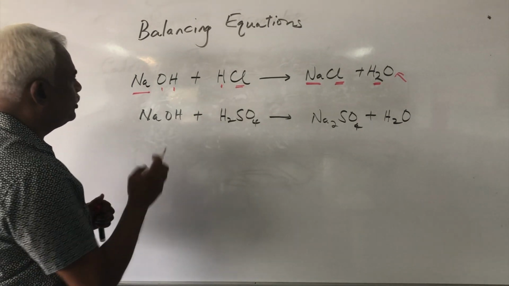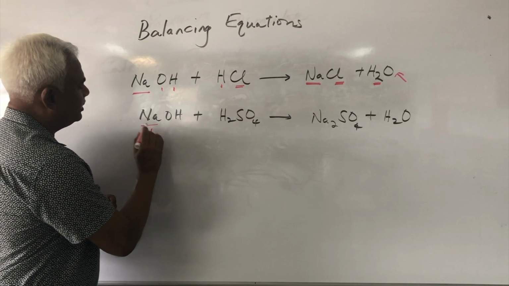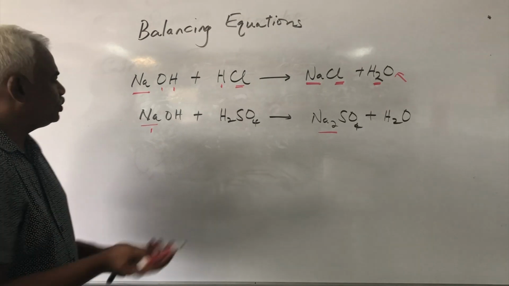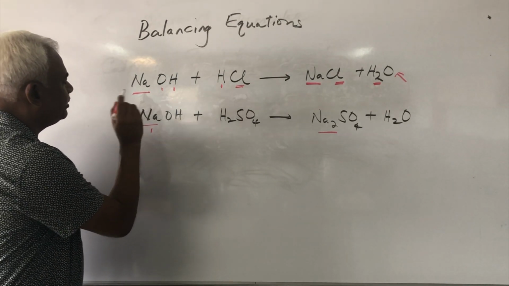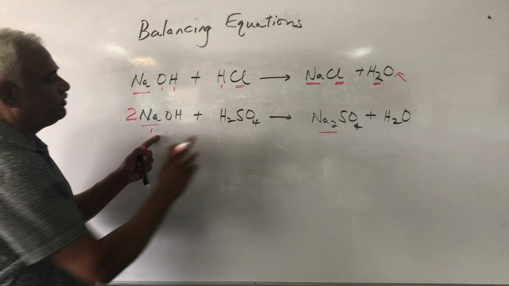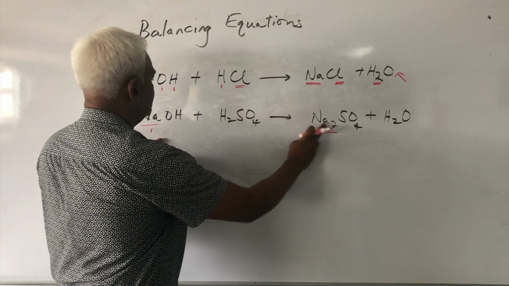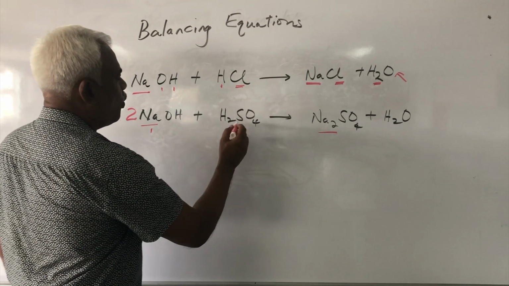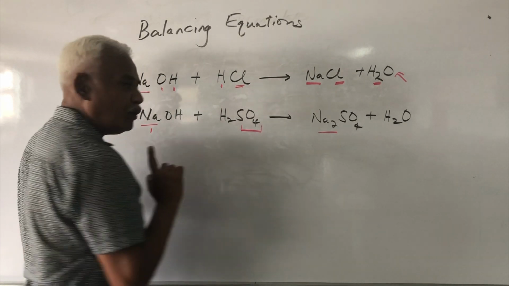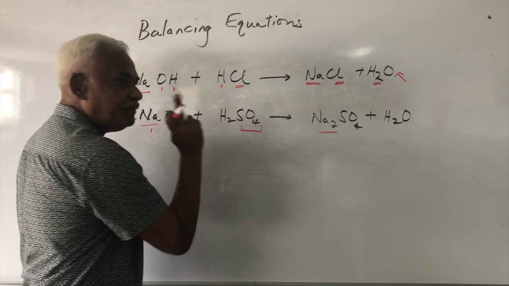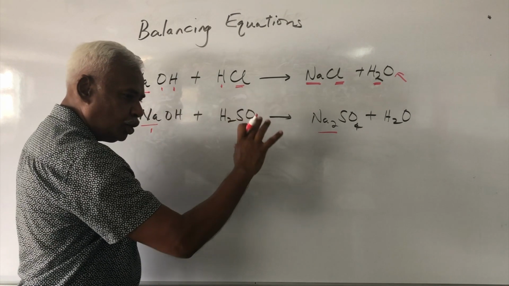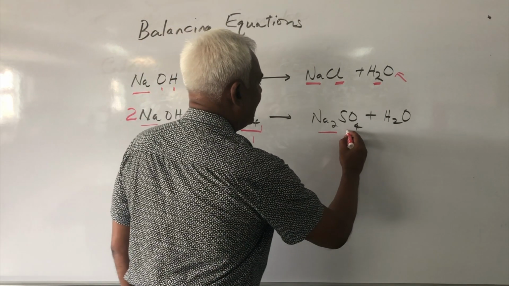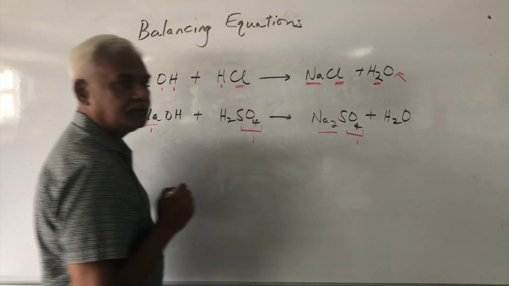I have 1 sodium here, but I have 2 sodiums here. Alright, so let's try. Let's put a 2 here. 2 times 1 will give me 2, which will be equivalent to this. Alright? Now, I have 1 sulfate, SO4. Now, it is not 4 sulfates, it is 1 sulfate. SO4 is the anion. I have 1 sulfate. When I look here, I also have 1 sulfate.